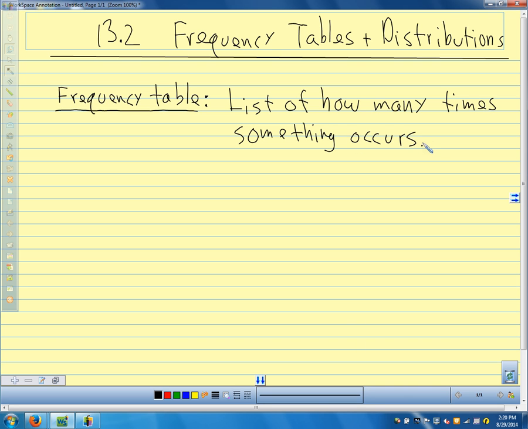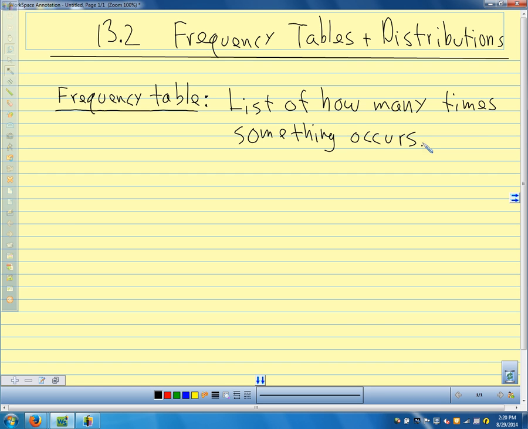An example would be a list that said freshmen, sophomores, juniors, seniors, and told how many freshmen we have, how many sophomores we have, how many juniors we have, how many seniors we have. That would be a frequency table.